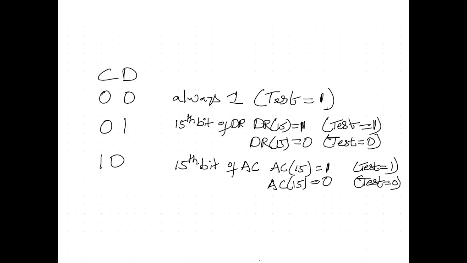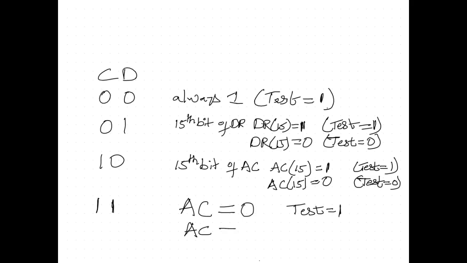If CD bits are 1 1, look at the AC register. If AC register is 0, meaning all 16 bits are 0, then test is equal to 1.